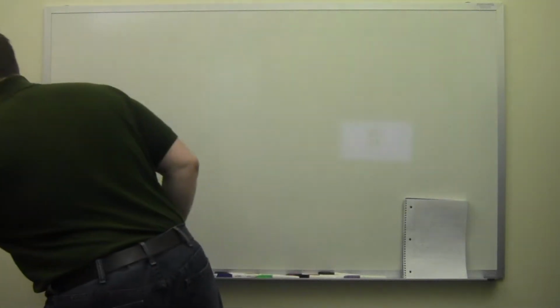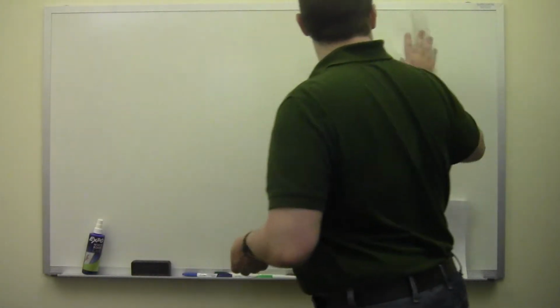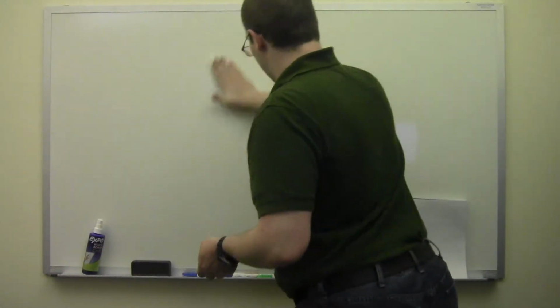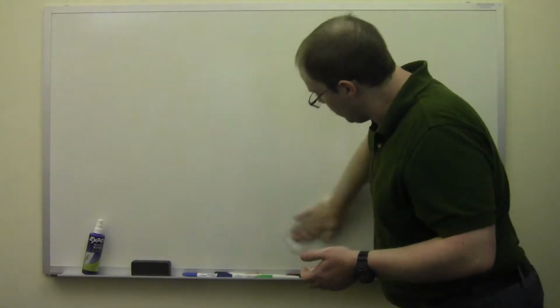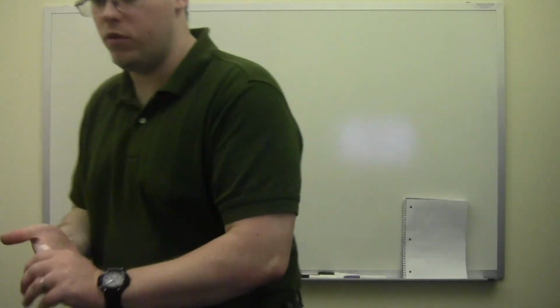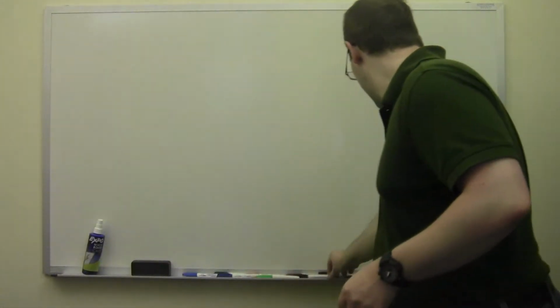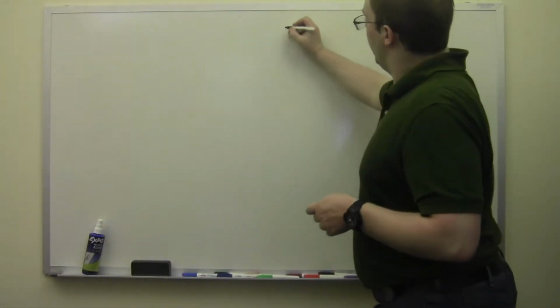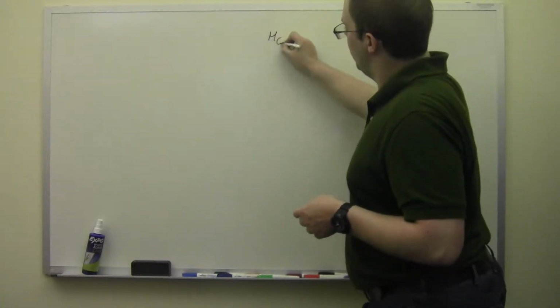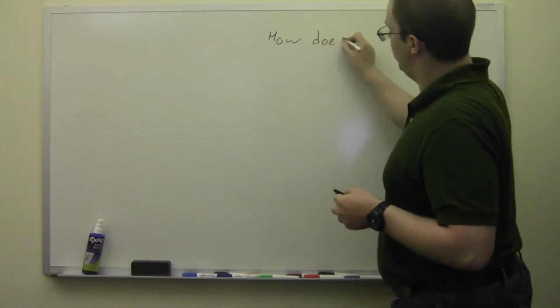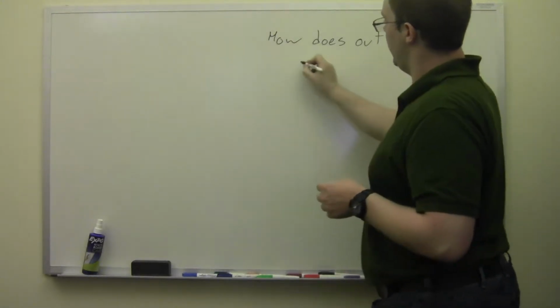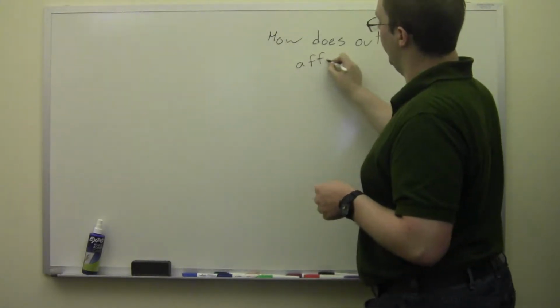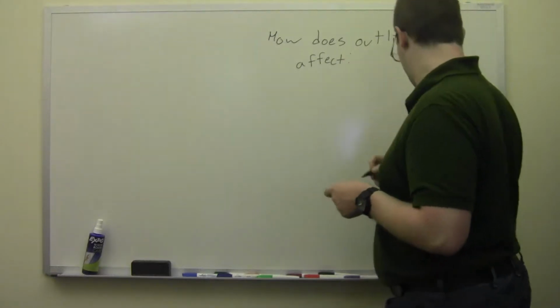So what you need to think about is how much the presence of outliers affects each of the following summary statistics.